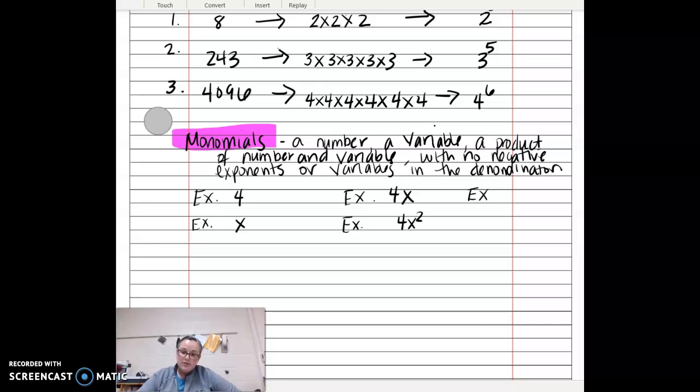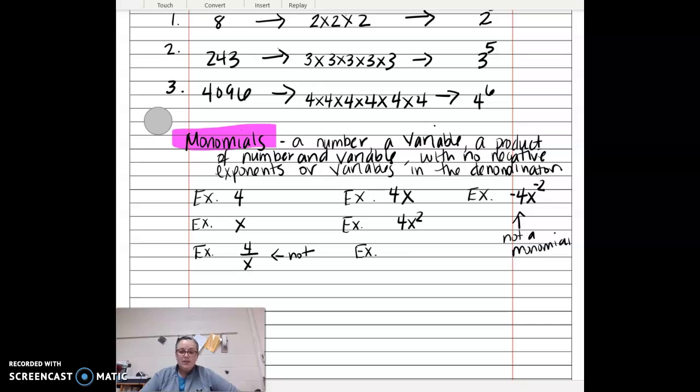But as soon as you get to something like negative 4x to the negative 2 power, we have a negative exponent. We can have the negative 4, but we can't have the negative exponent. This is not a monomial. Same thing, if I gave us 4 over x, this is not a monomial because of the variable in the denominator.